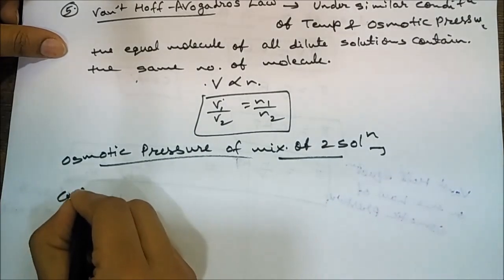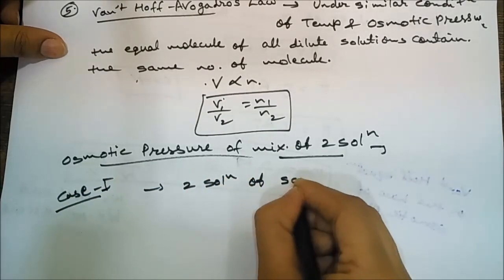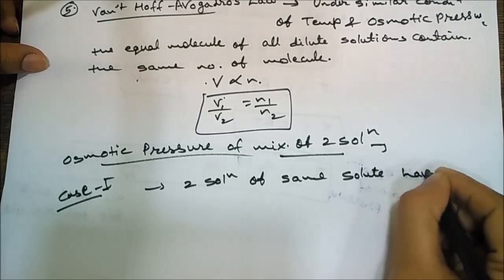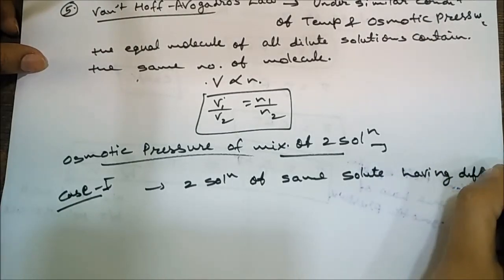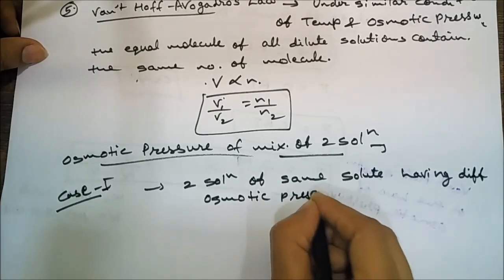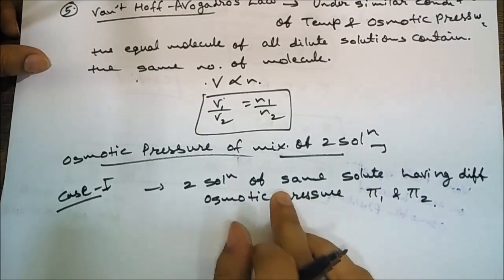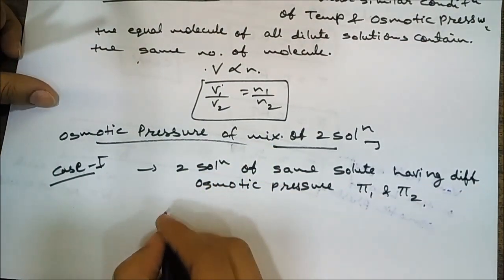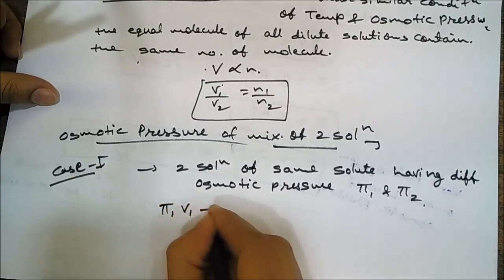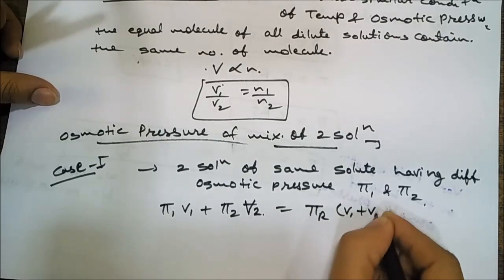First case: if two solutions of the same solute have different osmotic pressures, pi 1 and pi 2, and these two solutions are mixed, then the combined osmotic pressure will be given by pi 1 V1 plus pi 2 V2 equals pi R into V1 plus V2.